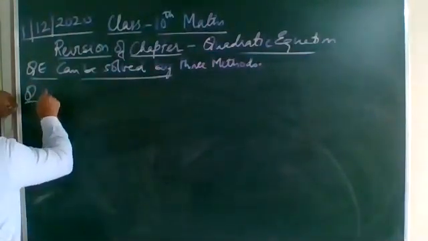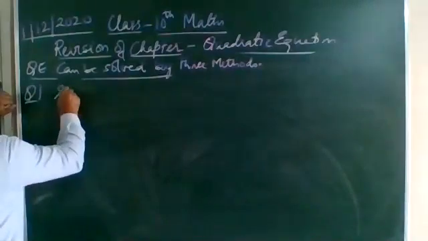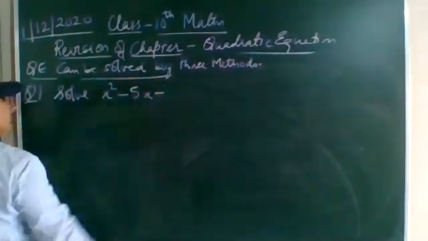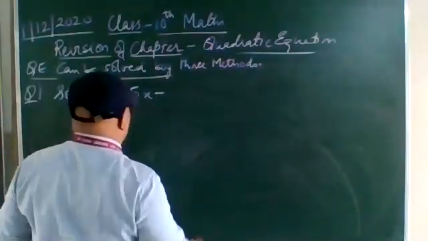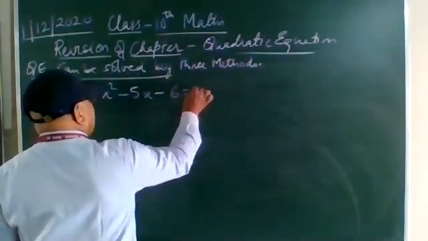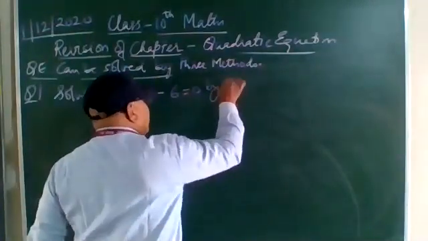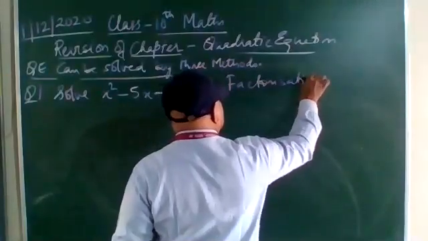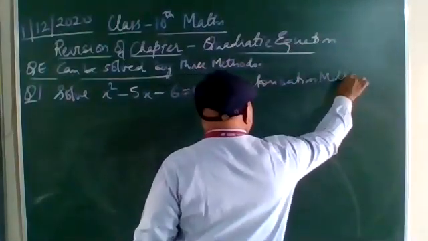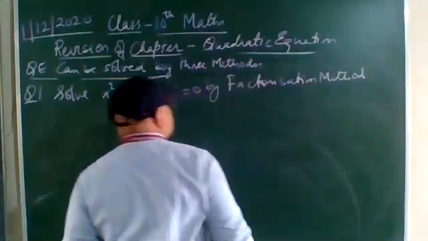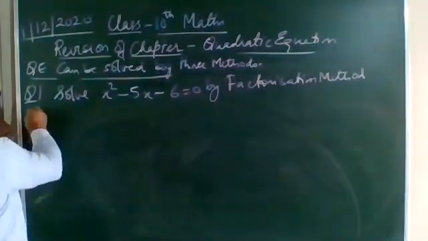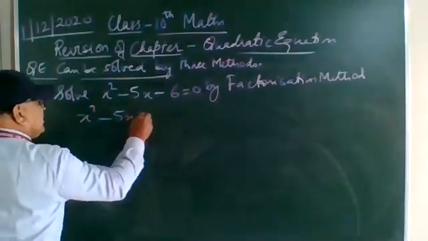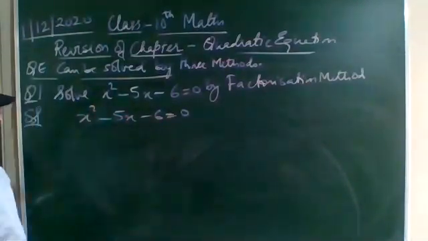The question is: solve x square minus 5x minus 6 equal to 0 by the factorization method.